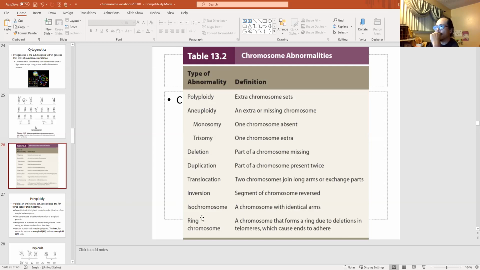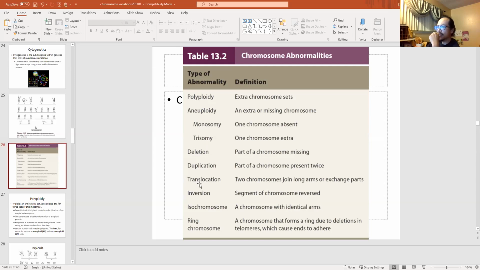So we will go through this and talk about, for example, trisomy, and we will talk about trisomy 21, and then we will talk about how clinically we prevent this, because this is the most common type of chromosome abnormality.